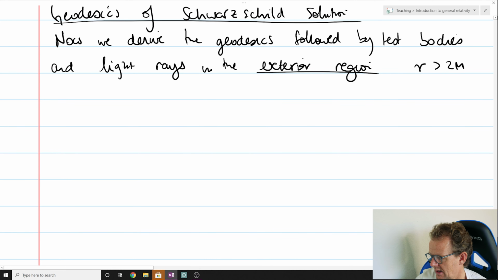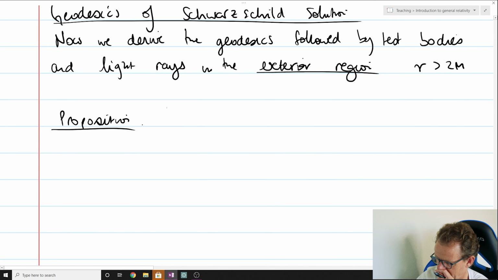We'll get to that. But before that, there are in fact other symmetries that the Schwarzschild solution possesses, which greatly simplifies the derivation of geodesics. And in fact, there's another one not related to rotation invariance that I'd like to highlight now.